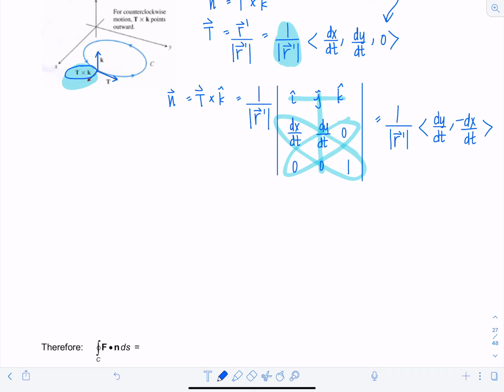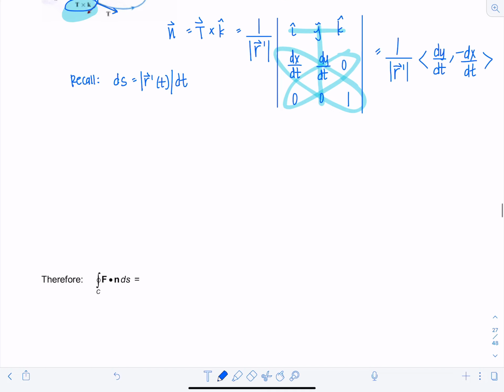All right? Now, if you'll recall, ds, that's our little increment of arc length, that's equal to magnitude of r prime of t dt. And so I can go back to the integral that we talked about over our closed curve C, F dotted with N ds.